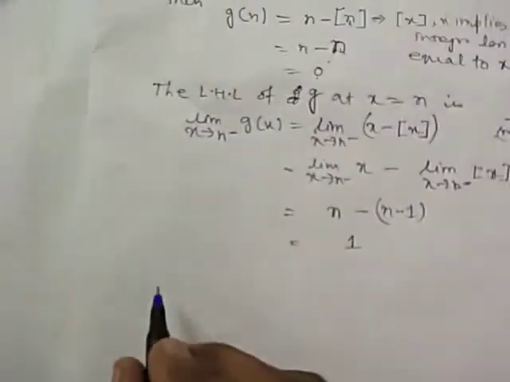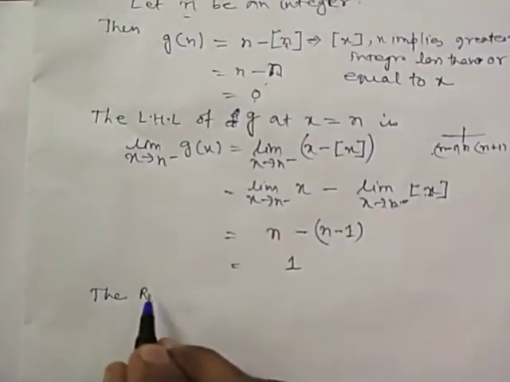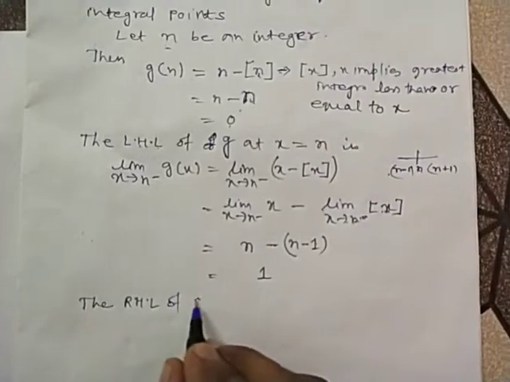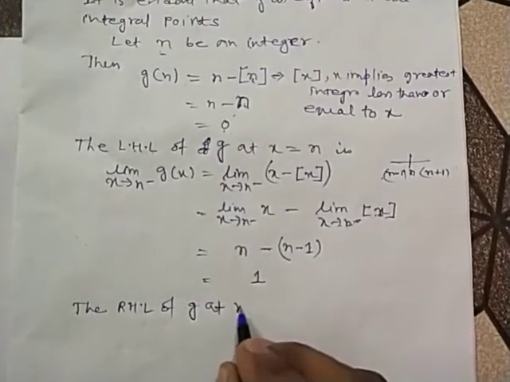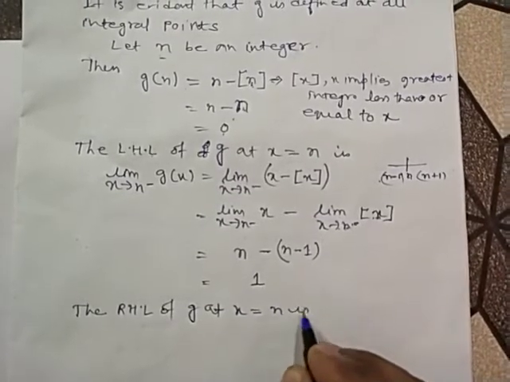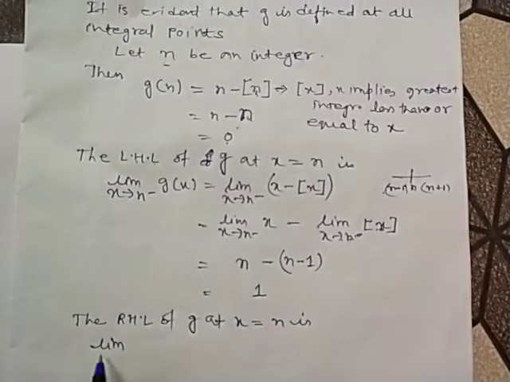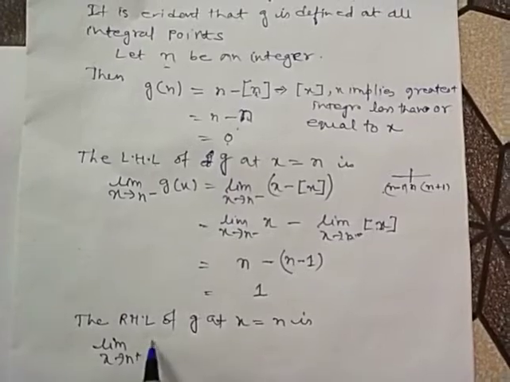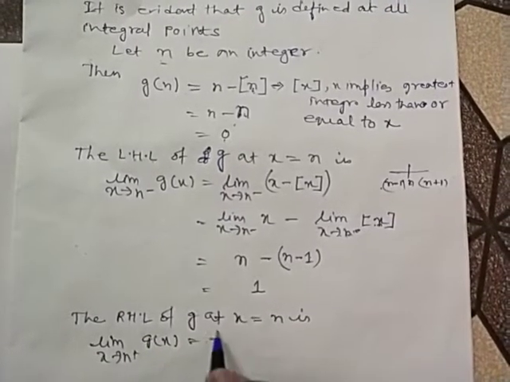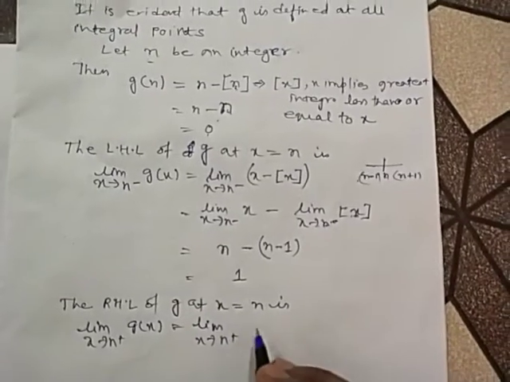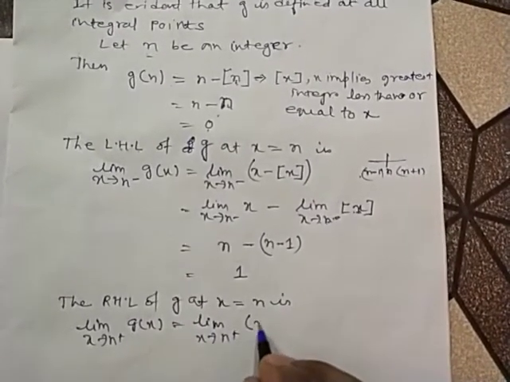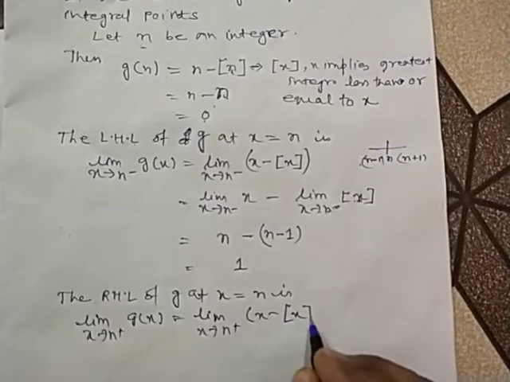Similarly, the right hand limit of g at x equal n is limit x tends to n positive g(x), which is equal to limit x tends to n positive of x minus greatest integral of x.